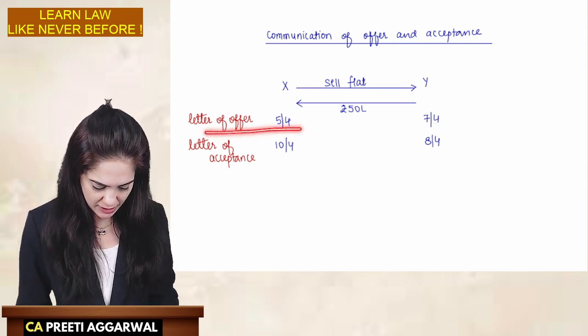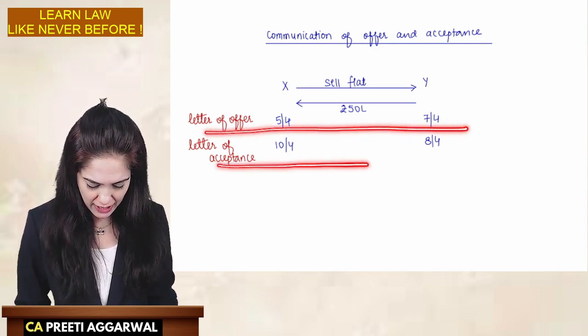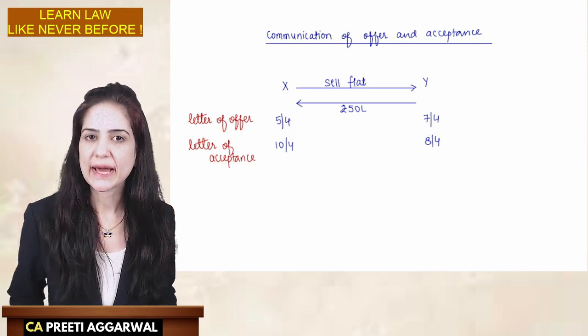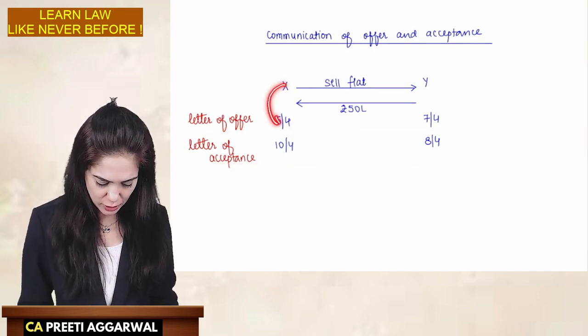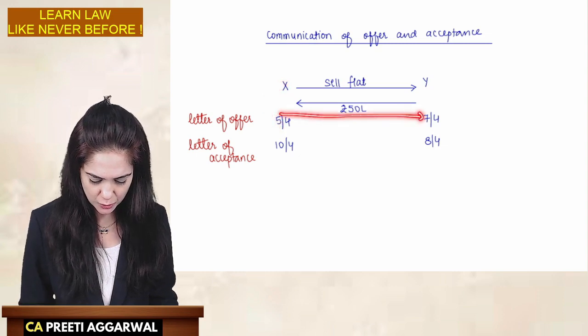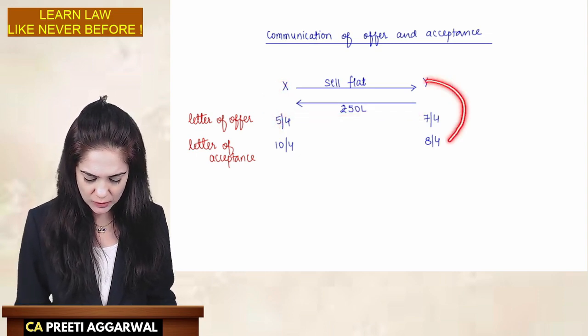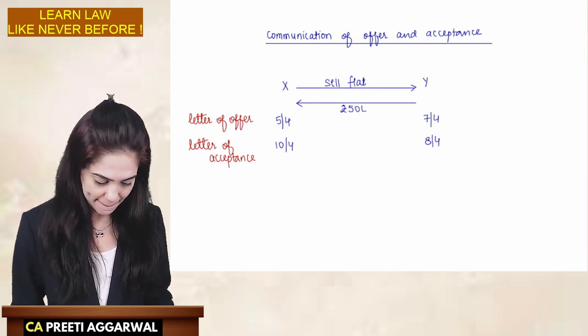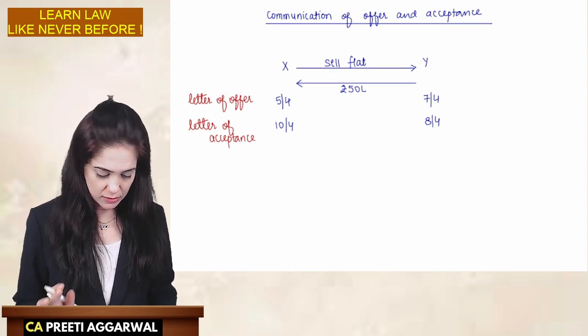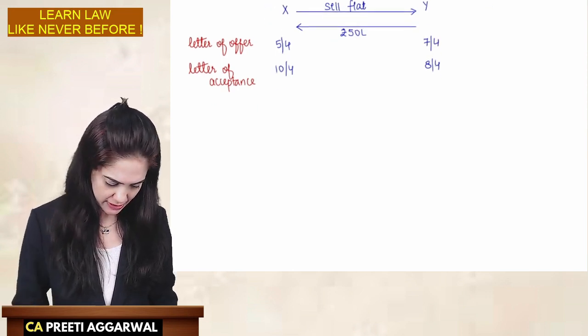So these dates relate to offer and the below relate to acceptance. I repeat, X posted the letter of offer on 5th, it reached Y on 7th, Y posted his letter of acceptance on 8th and it reached X on 10th. Wrote this much? Let's continue.